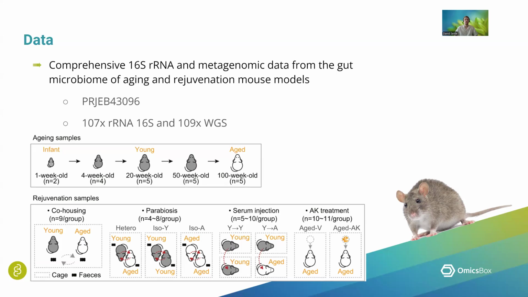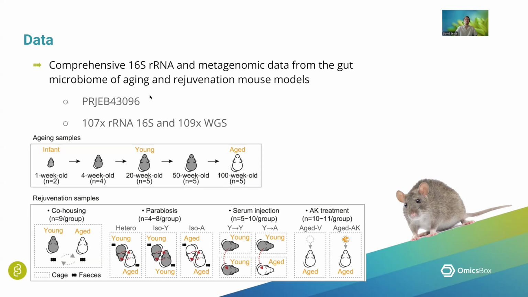This study used various methods, including 16S rRNA and metagenomic sequencing, to analyze changes in gut microbial communities and their functional potential in aging mouse models. The generated data provide valuable insights for developing therapeutic strategies to promote healthy aging.